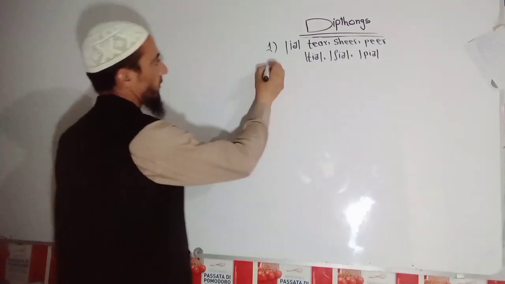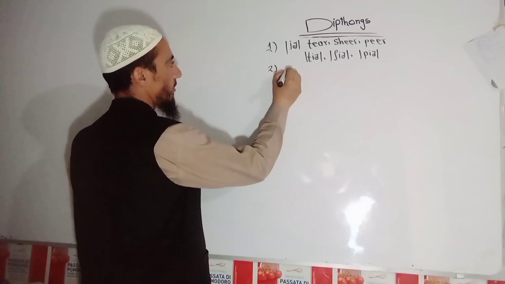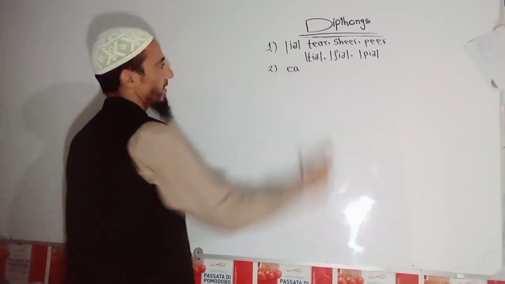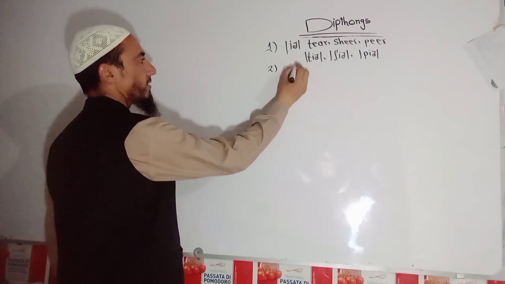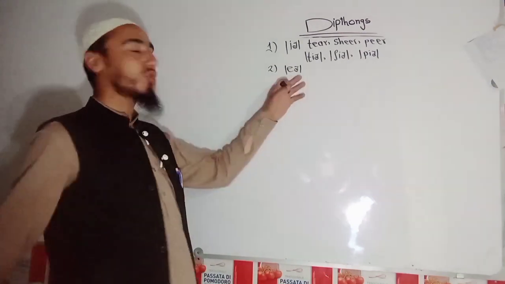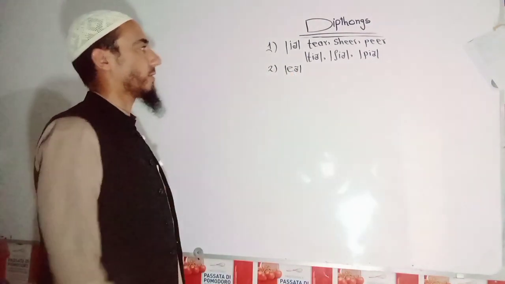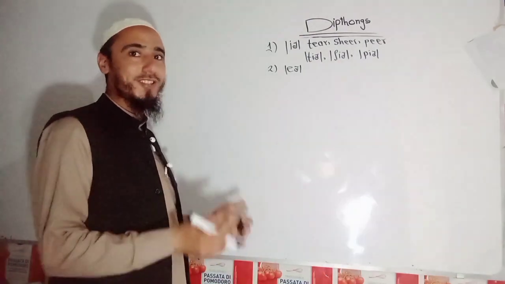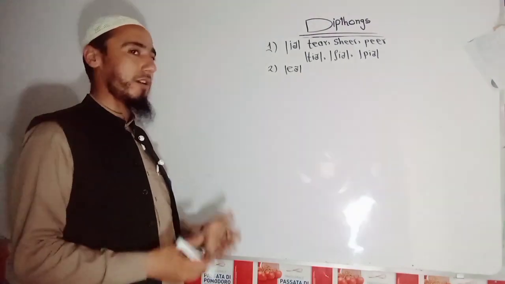Okay. The next diphthong is with these sounds. The first sound is known as the A sound, and the next is the schwa sound. So with the combination of these two sounds, the sound that is produced is known as the air sound.